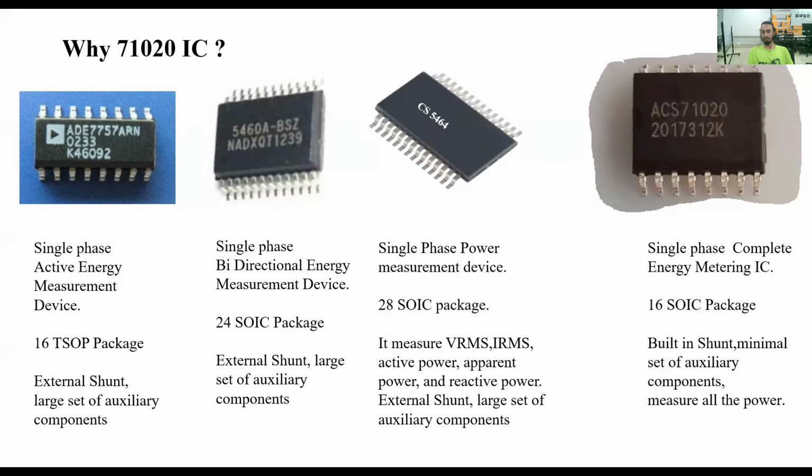It is the IC which we are using to make our energy meter. It is a single phase complete energy metering IC. It has a 16 SOIC package. It has a built-in shunt. If we talk about the circuit diagram of our IC, then the circuit diagram is small.